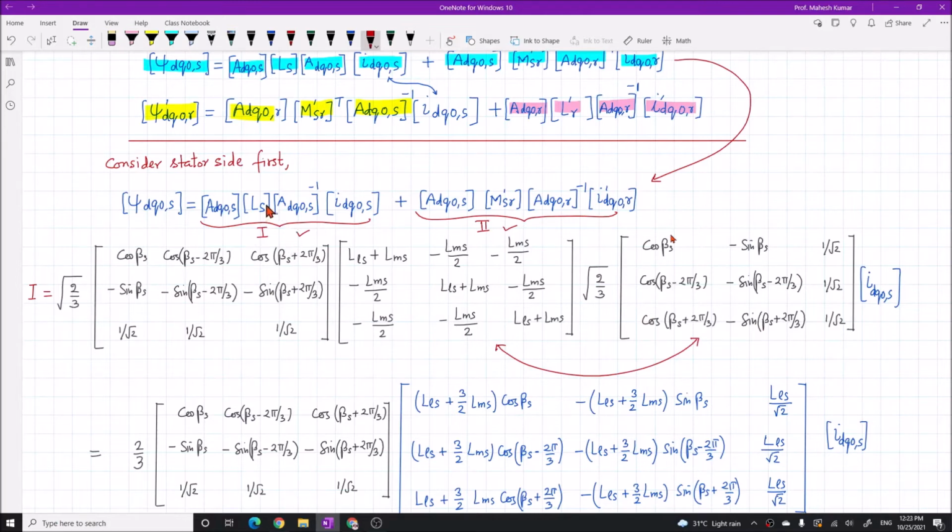I mean to say that we cannot say that this term equals LS ADQ0S inverse. It does not mean this is equal to LS, because if you multiply, this becomes identity matrix I. So I am saying this is not equal to this, remember.